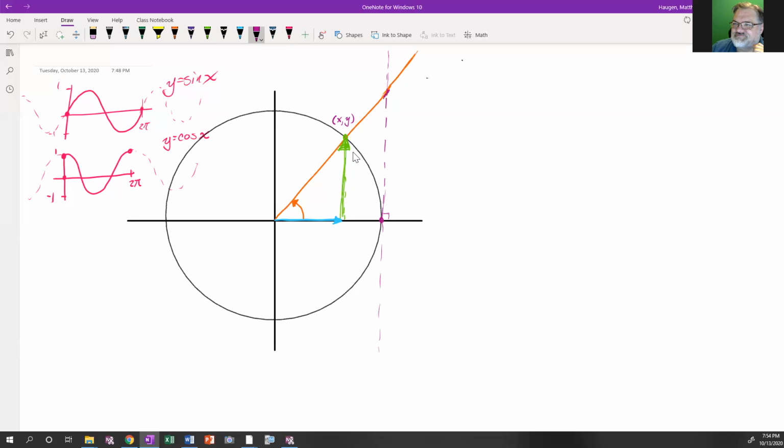this length is actually the tangent value for that angle. So if that's angle theta, this length is the tangent of theta. It's the length of the line tangent to the circle that makes that connection.